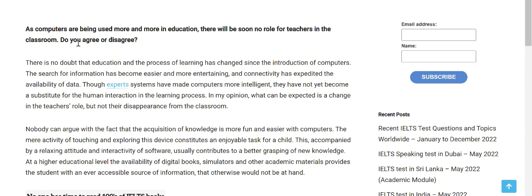The writing task 1 in the general exam is a little bit different from the academic one. In writing task 1 of the general exam, you have to write a letter, I guess.